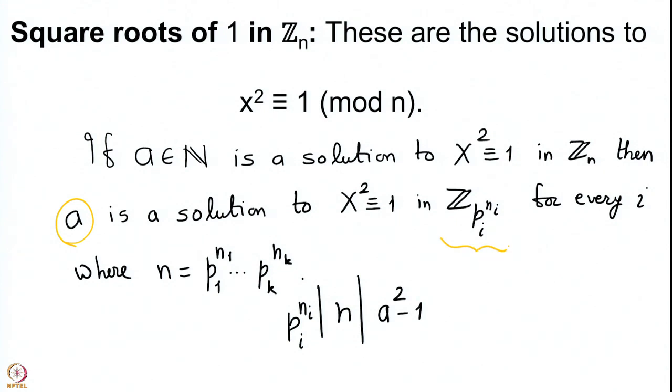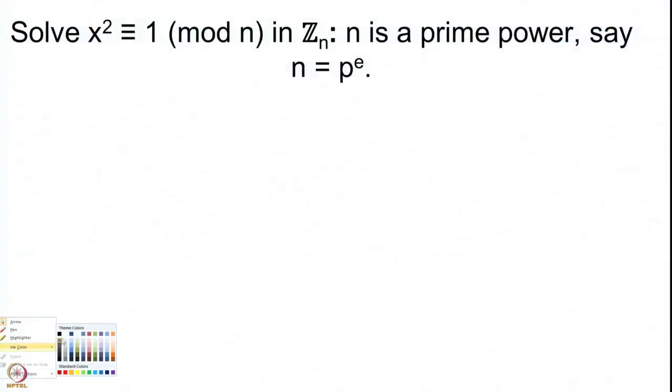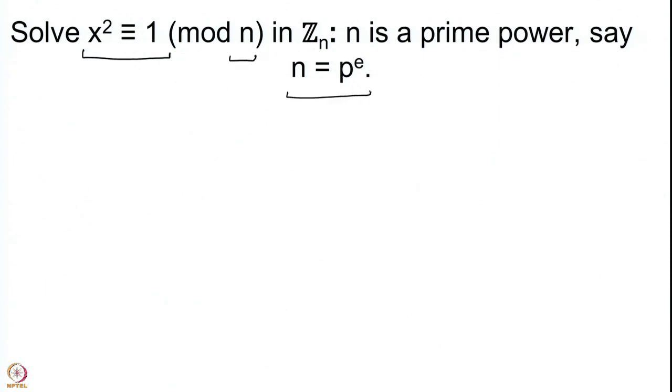Therefore, to solve the equation x square congruent to 1 mod n, we should first solve it modulo the prime powers. So, we are going to solve the equation x square congruent to 1 modulo n, where n is a prime power.